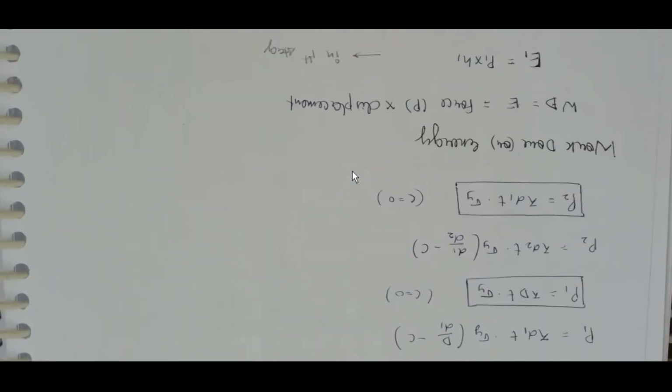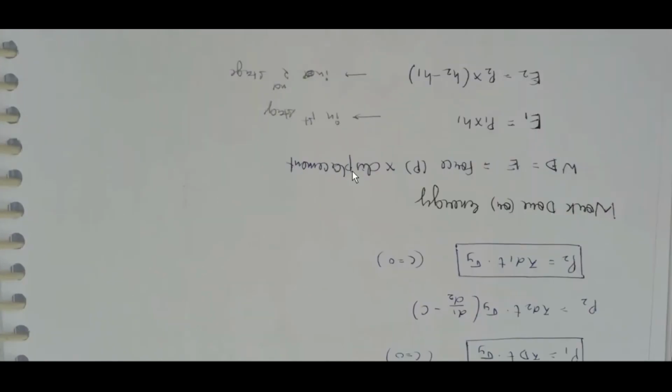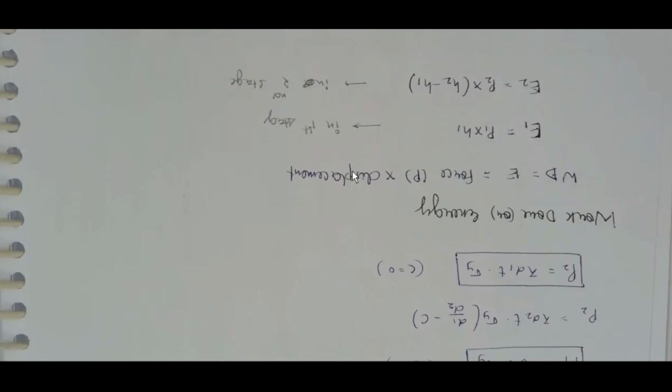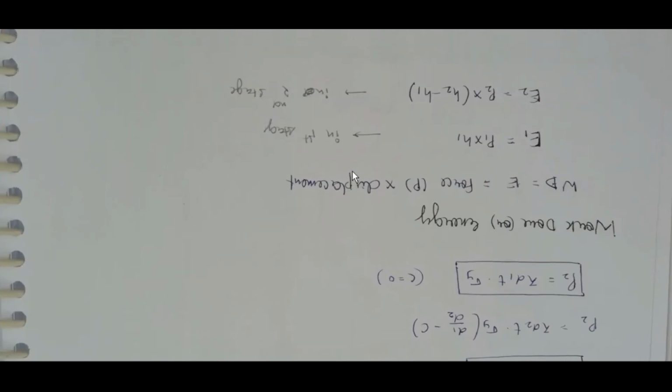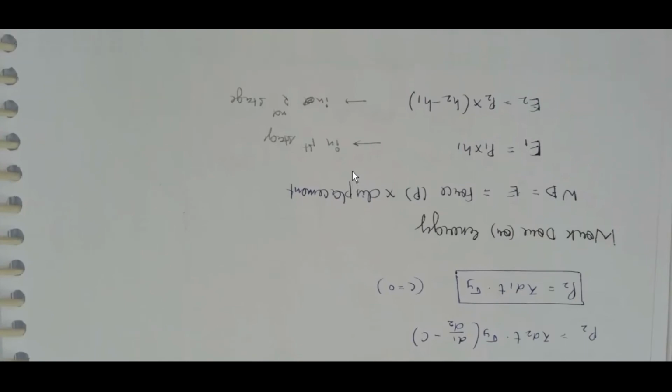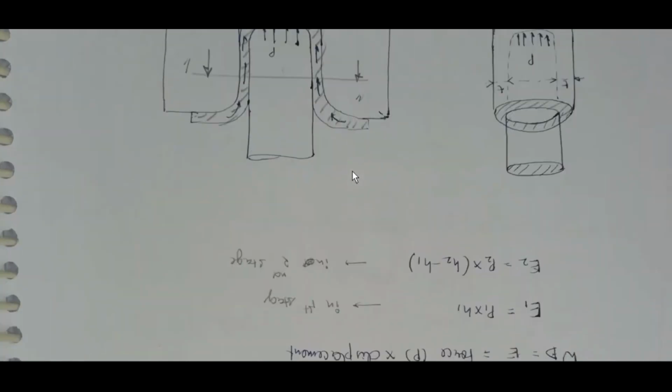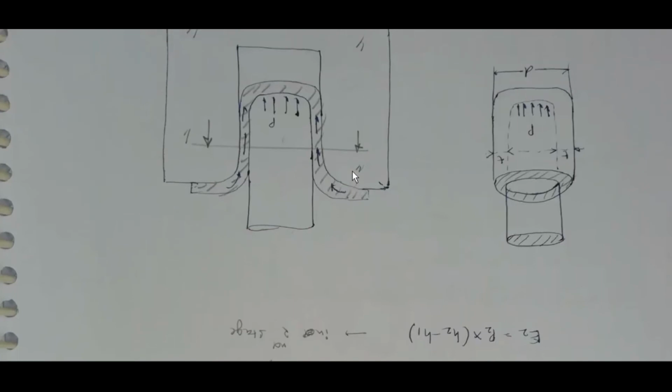Work done or energy. Work done is equal to E is equal to force P into displacement. E1 is equal to P1 into H1 in first stage. E2 is equal to P2 into (H2 minus H1) in second stage.